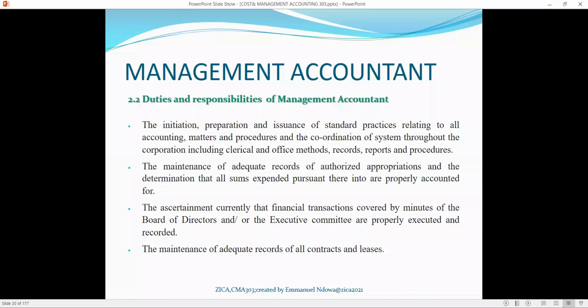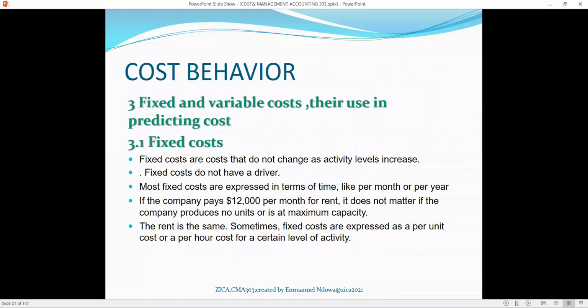So on cost behavior, if we look at fixed costs, you can see that fixed costs are costs that do not change as activity levels increase. Fixed costs do not have a driver. I can give you an instance of the monthly rental. You might be renting a building where your factory is located, paying 12,000 per month.